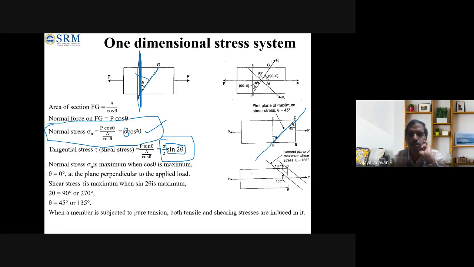Whenever a member is subjected to pure tension, both tensile and shear stress will be induced in it. So the maximum normal stress will be available in the perpendicular cross section, and maximum shear stress will be available at an inclination of 45 degrees or 135 degrees, which are just opposite to each other. No much difference. Any doubts in this part?